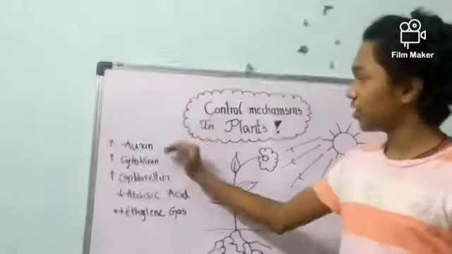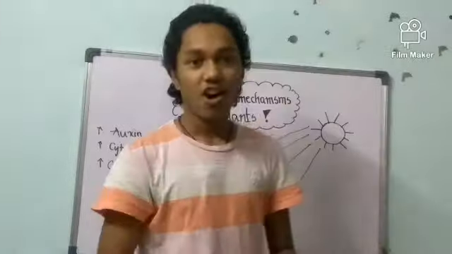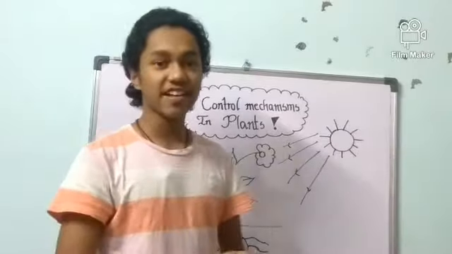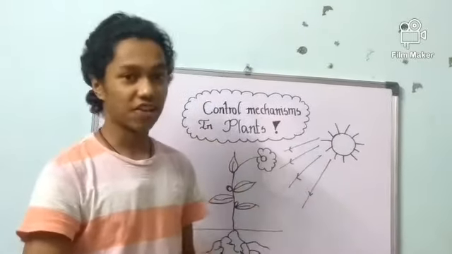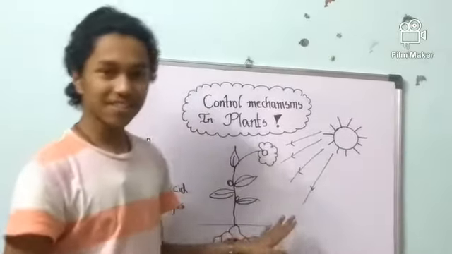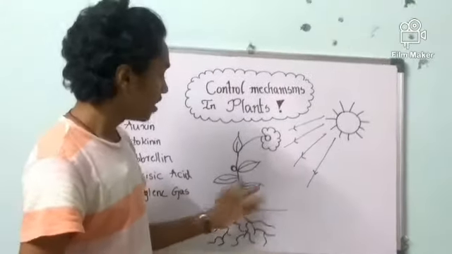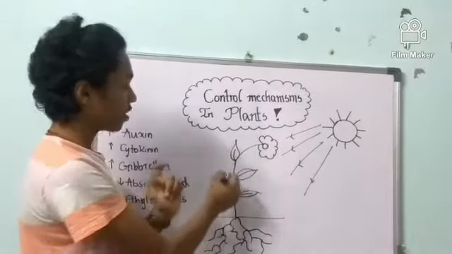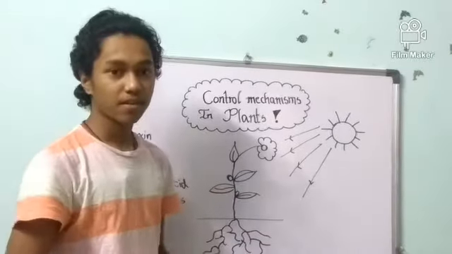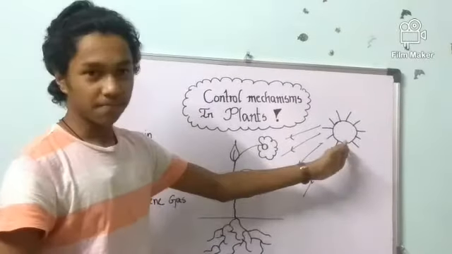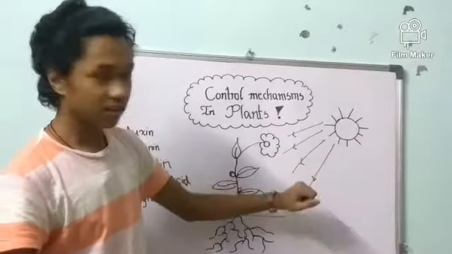Now let's go to each one. First, auxin. Auxin is kind of interesting and you'll enjoy it. So assume that this is a plant. This is a flower, these are the roots and these are the leaves, and here the small circles are buds. Now, this is the sun and sun rays are falling on this.